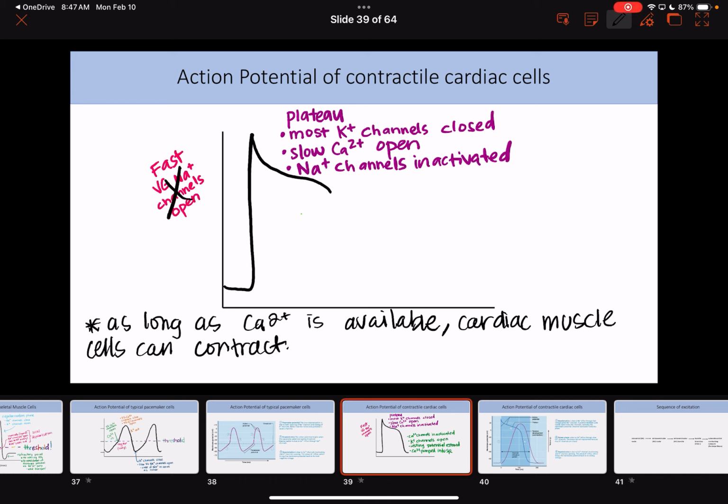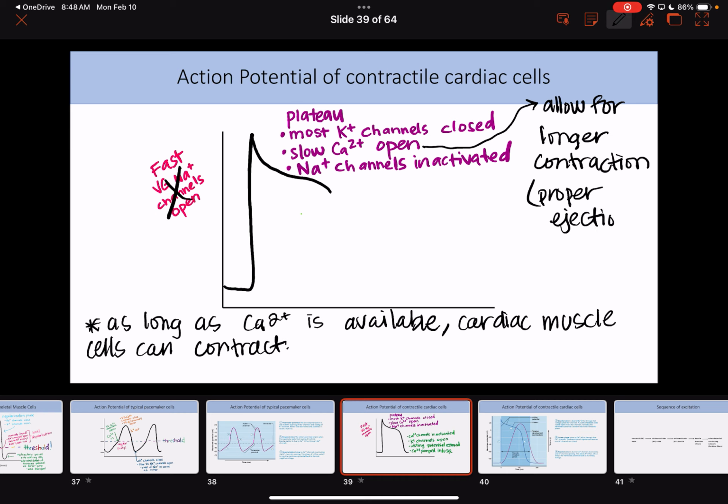So we have this plateau phase where slow calcium channels are open, and it keeps this membrane potential high for a little bit. These slow calcium channels allow for a longer contraction because we're keeping calcium available. And a longer contraction means proper ejection, which means that we can eject as much blood as possible to get it out to the body.